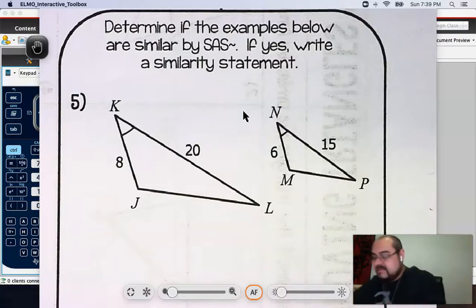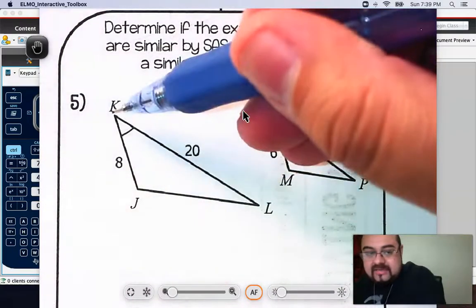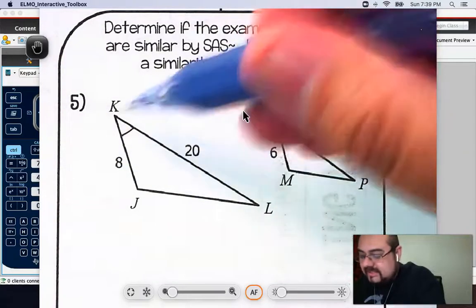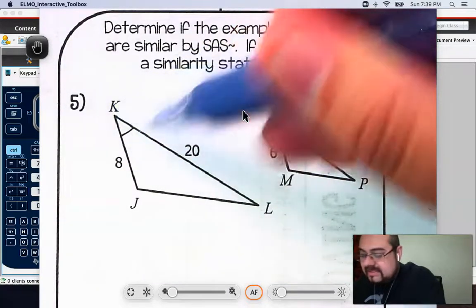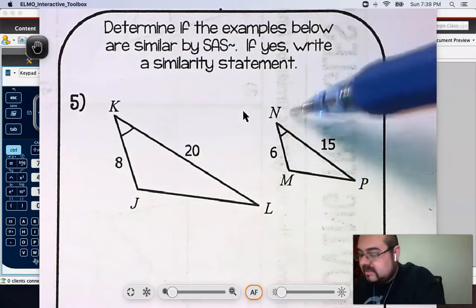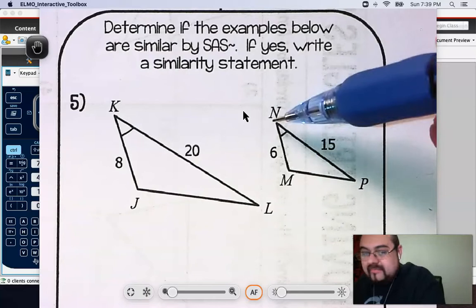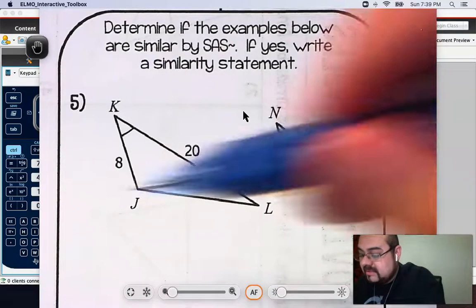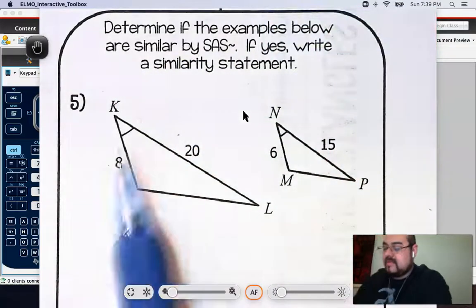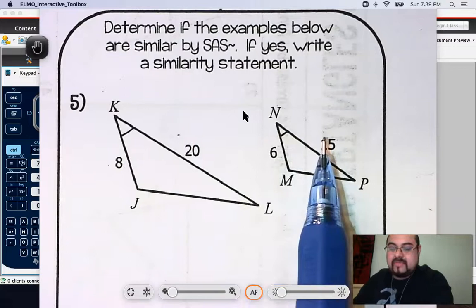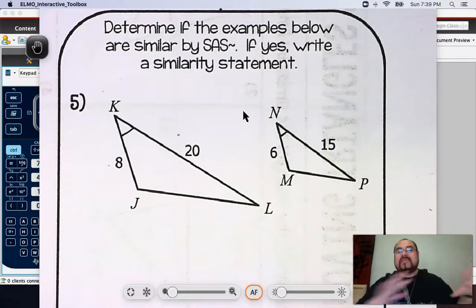What that means, guys, is you see how there's this side here and this side here? In between these two sides lives this angle. This is the included angle. Here's the side, here's the other side, here's the angle. This is included between these two sides, side, angle, side. We have to prove that the angles are congruent and the sides are proportional. So it's kind of like taking the first two postulates and mixing them together into the last postulate.